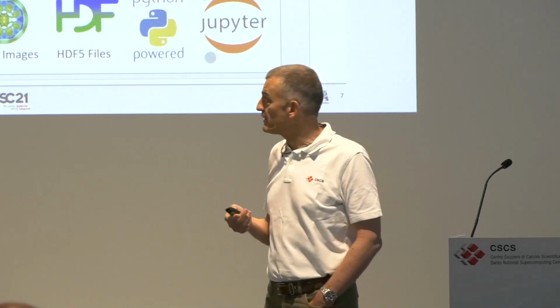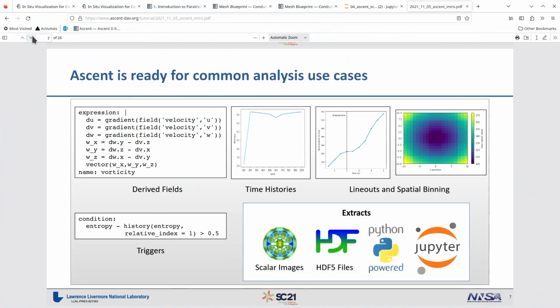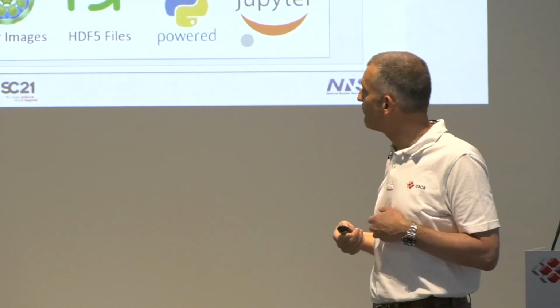Or else you can trigger on a more complex operation. In this example, we trigger on a particular condition, which is that the difference in entropy between the current step and the previous step should be greater than 0.5. What does it mean? It means that something happens, the entropy has changed very much, so we need to trigger the execution of our visualization algorithm.